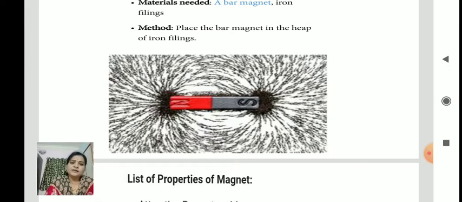So the product of the length of the magnet and the pole strength gives you the magnetic moment, and this magnetic moment is nothing but the force due to the external currents also, which produces a mechanical moment. That we study in the further topics.